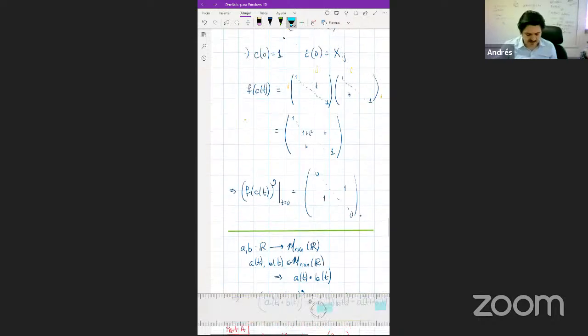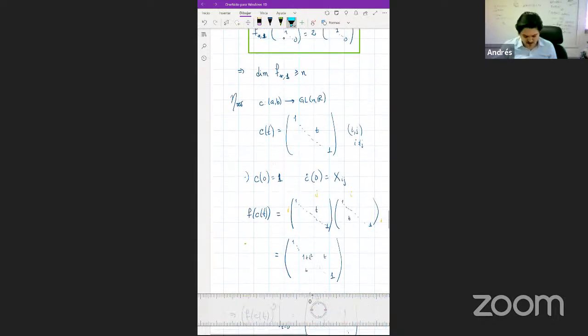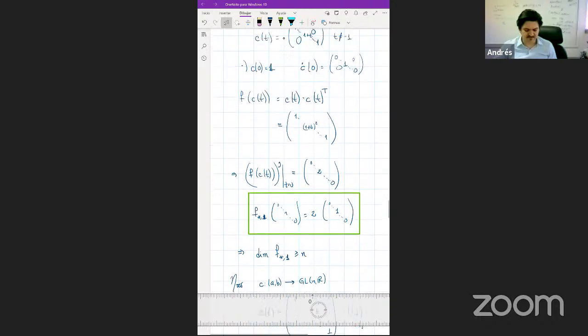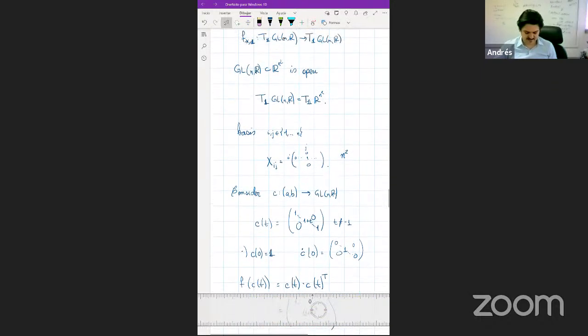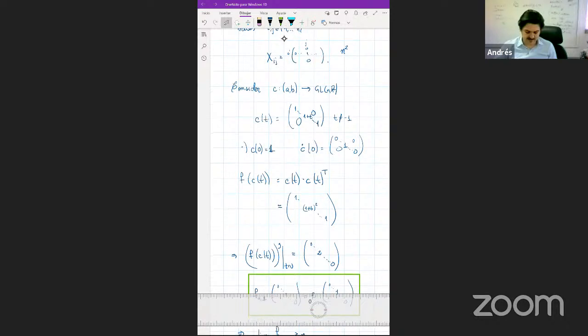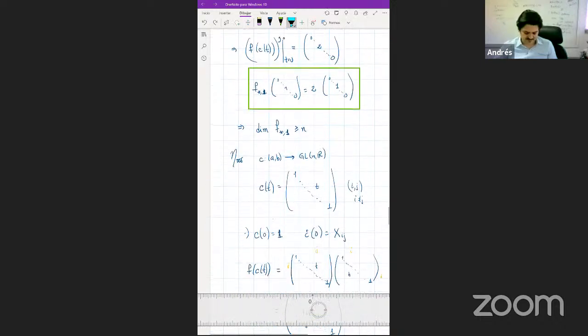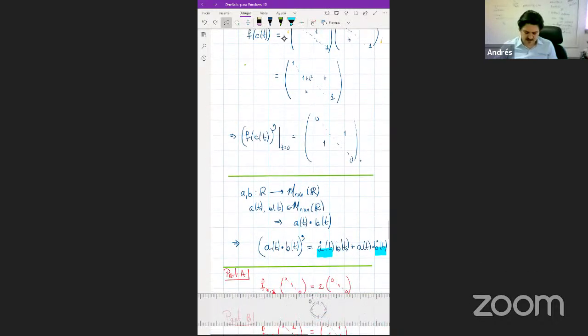But I decided just to go ahead, do the product, and then compute the derivative. Again, here I have the product and then compute the derivative, but you can do it the other way around also. And in fact, later on, we will use this formula.